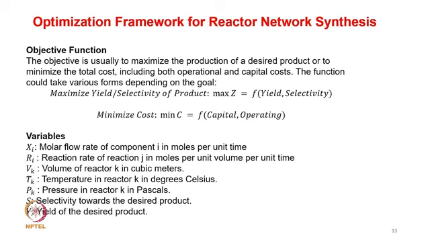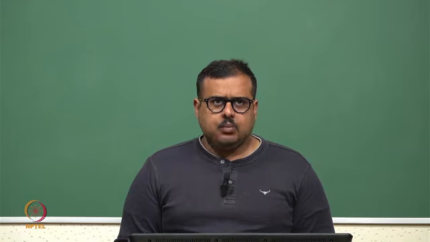In most cases, selectivity is considered an important variable because you have multiple outputs, and how your desired product is superiorly produced compared to the other byproducts. Or you can have a function that takes care of both yield and selectivity. For instance, it could be a summation, it could be a function, and so on.